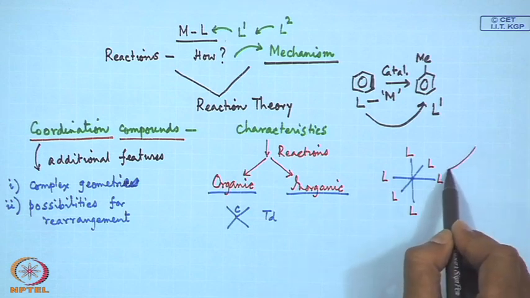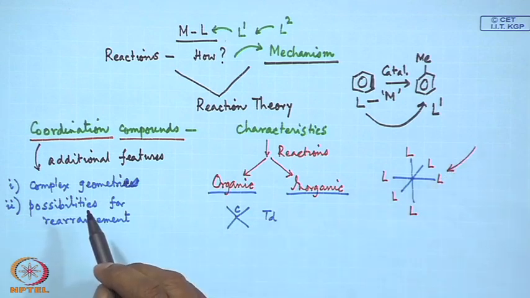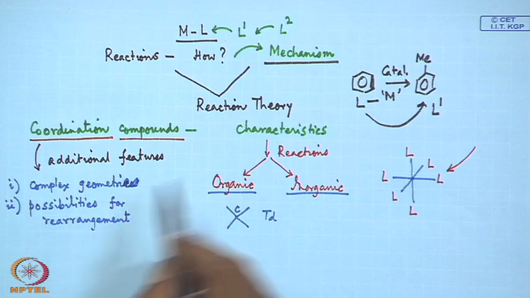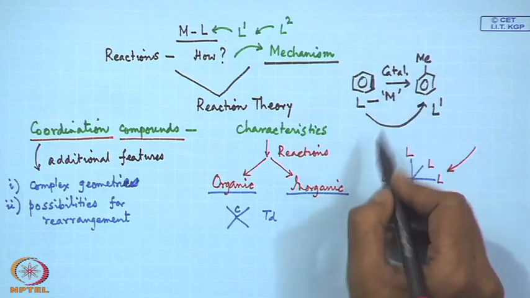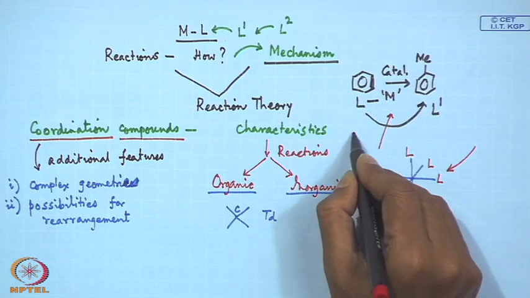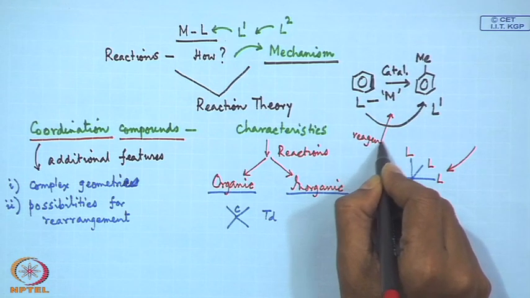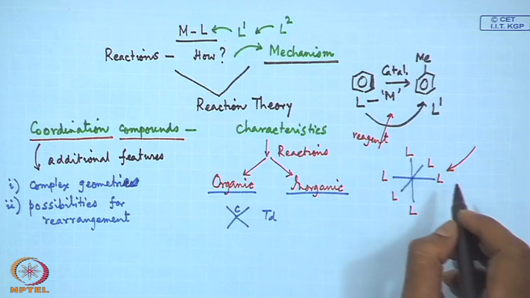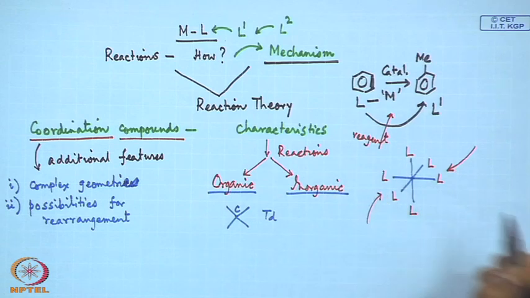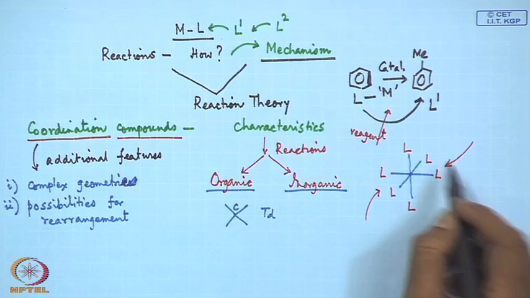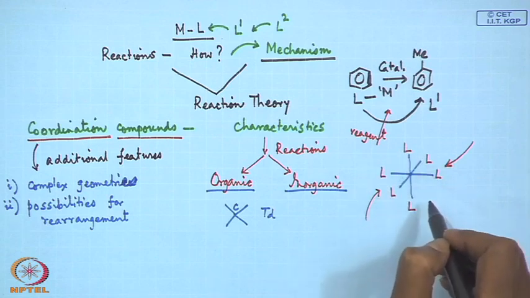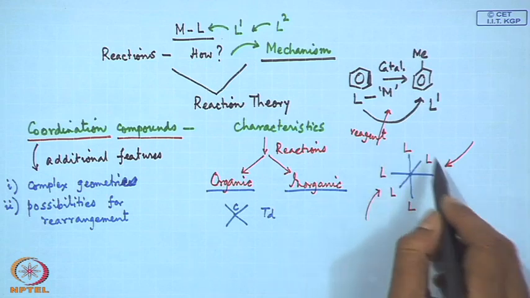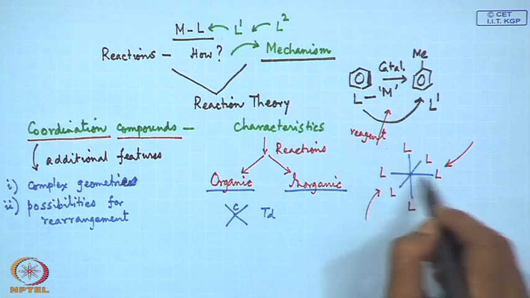So, the direction in which the incoming group or the new ligand or reagent is coming matters, because in presence of the catalyst what we are adding here is the reagent for this sort of transformation. So, it will have some directional preference for reactivity.